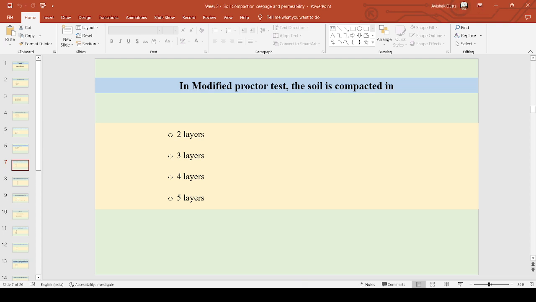In modified Proctor test, the soil is compacted in how many layers? The options are 2 layers, 3 layers, 4 layers, or 5 layers.